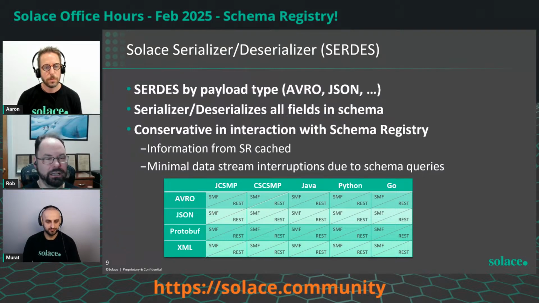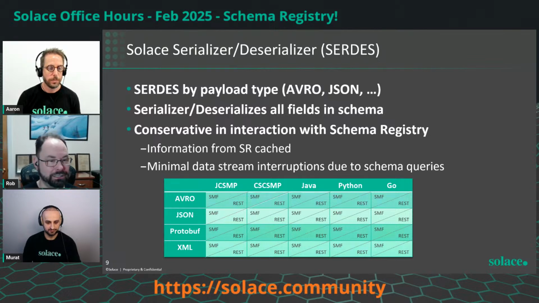Over the long term, we've got five different APIs we're focused on: JCSMP, CSMP, which is like our .NET, Java, Python, and Go, and then applying to them the different formats, so Avro, JSON, Protobuf, and XML. And we've certainly heard loud and clear from customers, SMF is great, but they'd also like to be able to use REST or HTTP as the transport protocol.